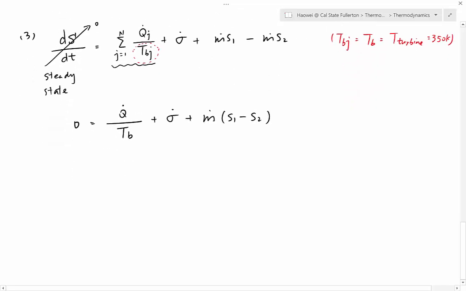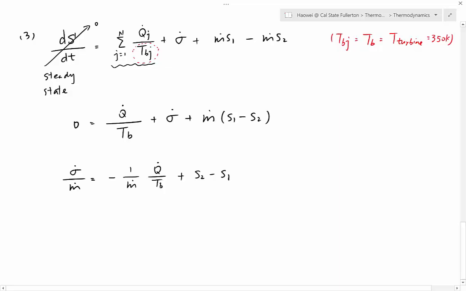Okay, so because we're looking for sigma over m, what we do is move sigma dot over m dot to the left hand side alone, and everything else in the right hand side will just become negative 1 over m dot times Q dot over Tb, and then plus S2 minus S1.